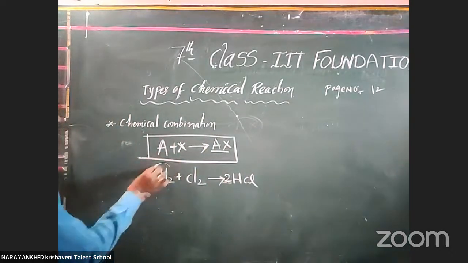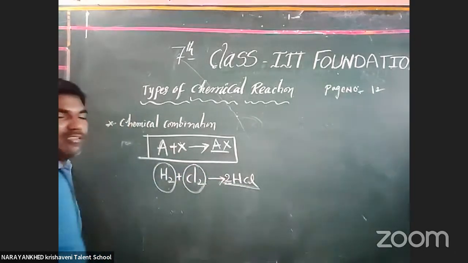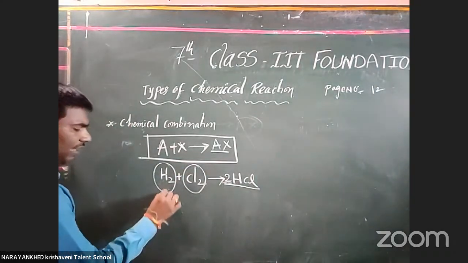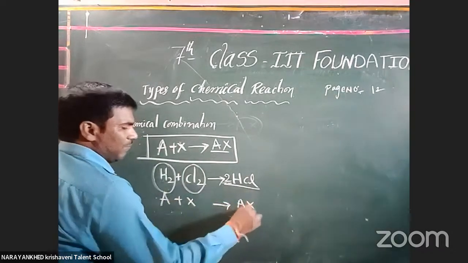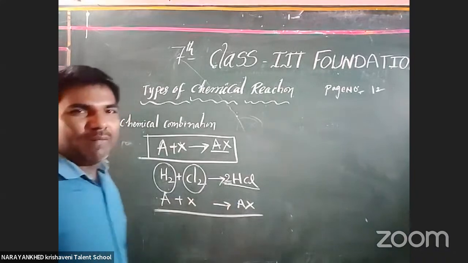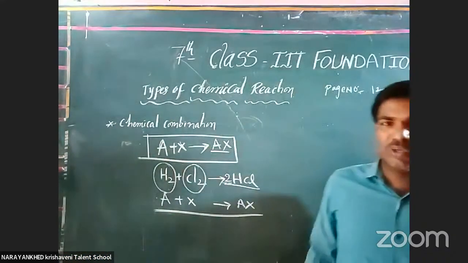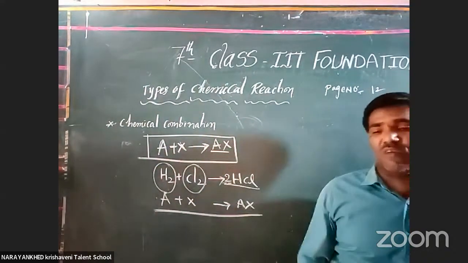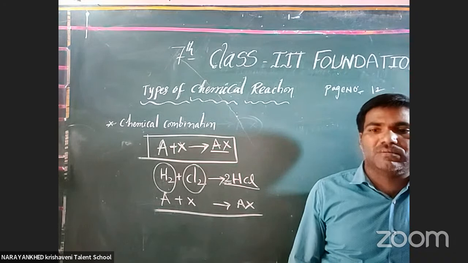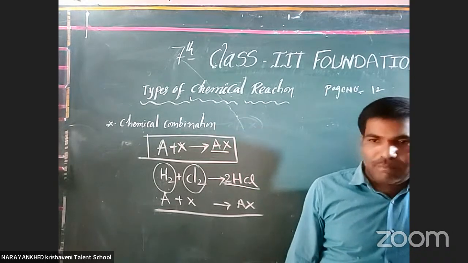And here H2 plus Cl2, the formula is what? HCl. This is the A, and this is the X. It will be AX. This type of reaction is called a chemical combination. In your examination, they may ask which of the following is a chemical combination, which chemical reaction following is a chemical combination.